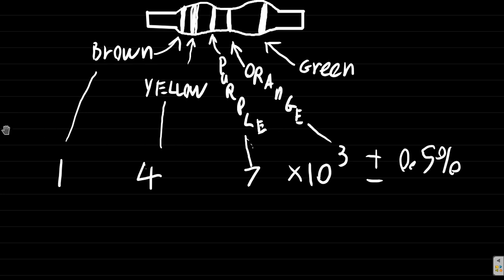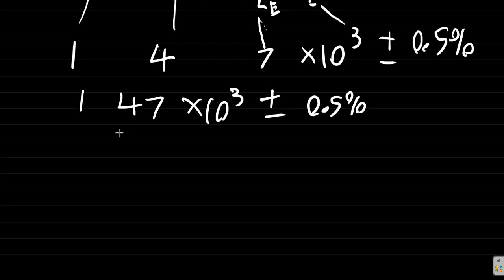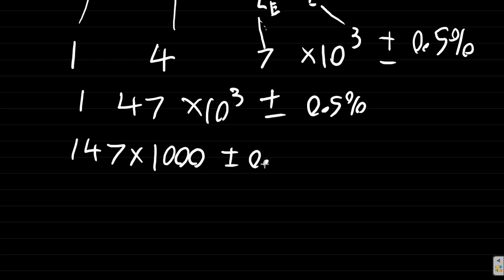Now let's do our calculation. This is 147 multiplied by 10 to the 3 plus or minus 0.5%. So we have 147 times, what is 10 to the power of 3? It's 1000, plus or minus 0.5%.